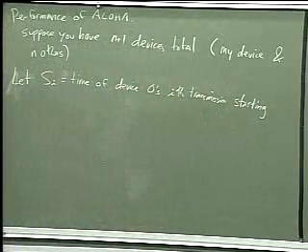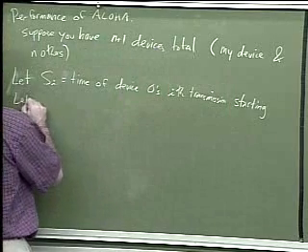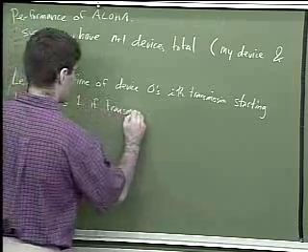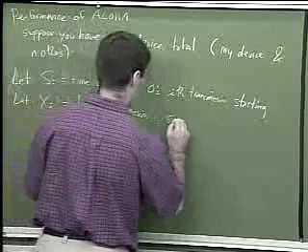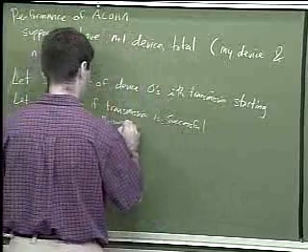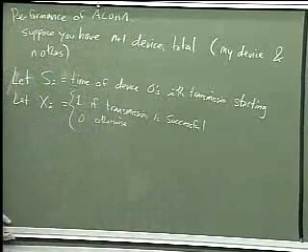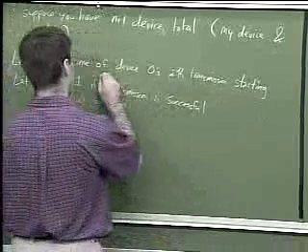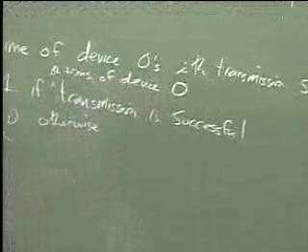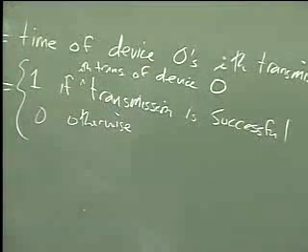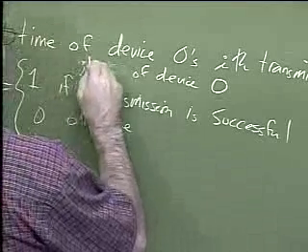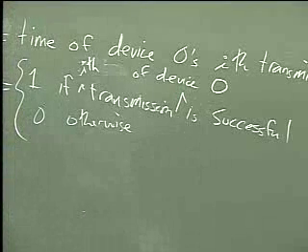Okay, so S_i will be that time. And let X_i equal 1 if the ith transmission of device 0 is successful, and 0 otherwise. Okay?